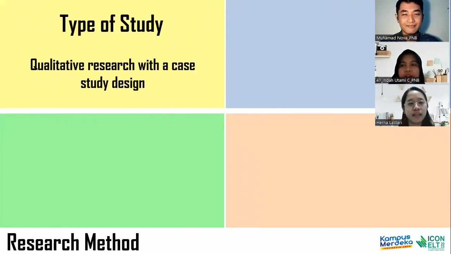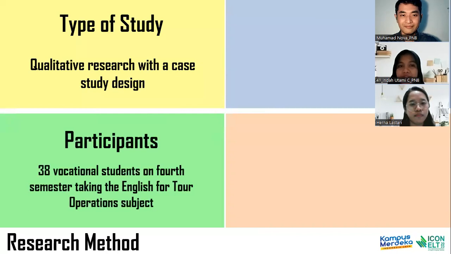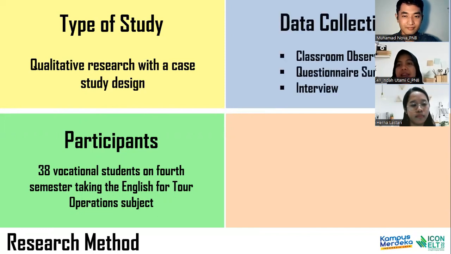Okay, so in conducting this research, we chose qualitative research with a case study design as the type of our study. The participants of our research are 38 vocational students in their 4th semester taking the English for Tour Operations subject. To collect the data, there are several types of data collection that we conducted.